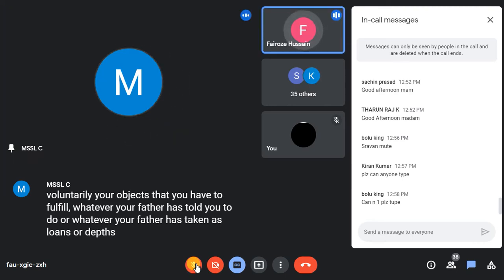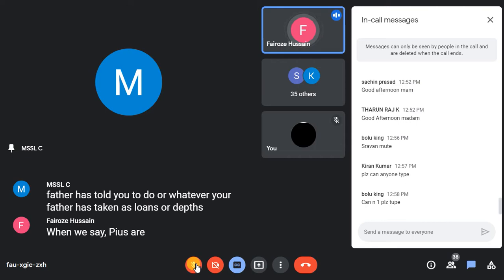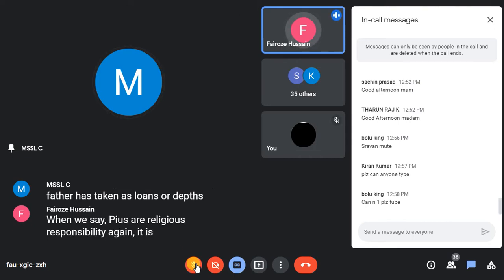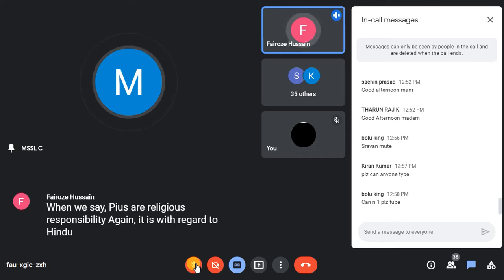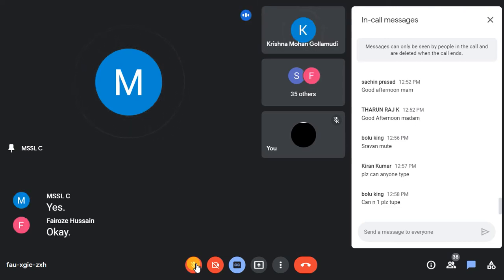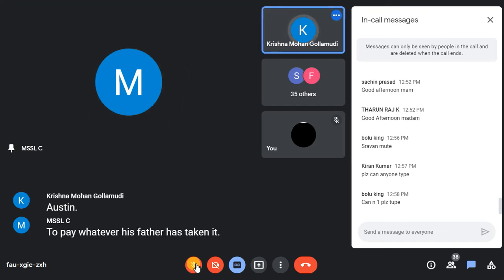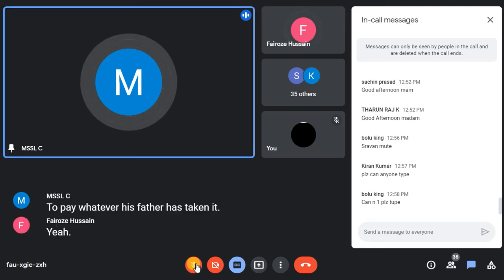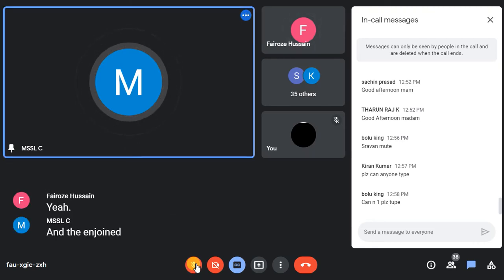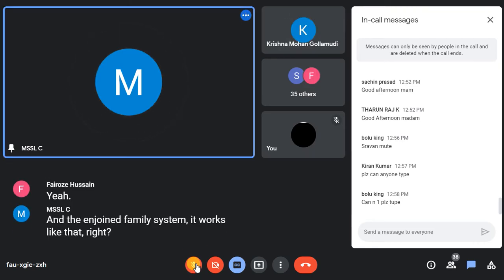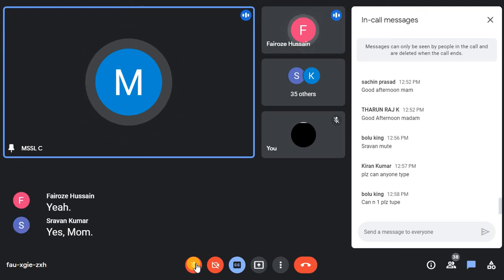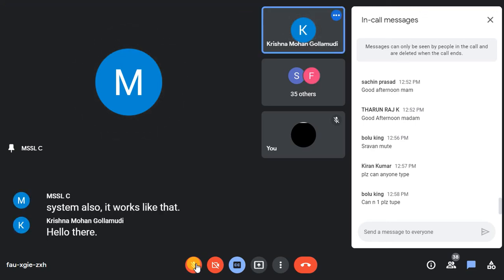Ma'am, when we say pious or religious responsibility, again it is with regard to Hindu religion only? Yes, it is the duty of the son to pay whatever debts his father has taken. In the joint family system, it works like that, right? In the old Hindu law system also, it worked like that.